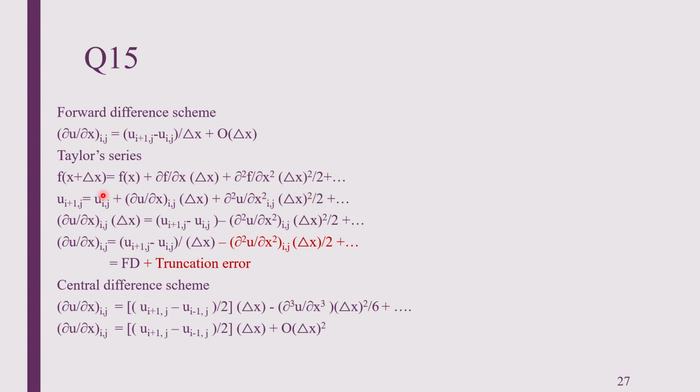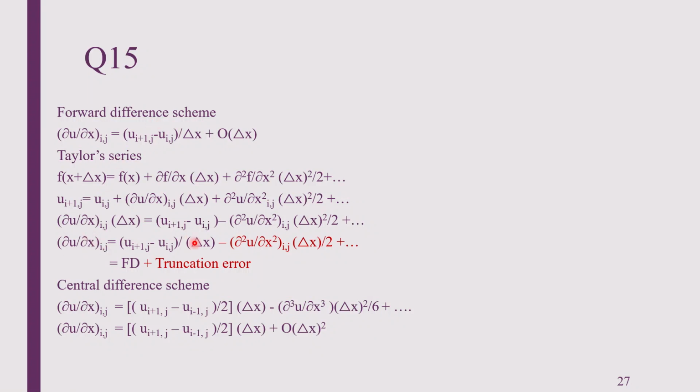We keep this particular term alone on the left hand side and take all other terms to the other side. So we have ∂u/∂x at (i, j) into delta x is equal to u(i+1, j) minus u(i, j) minus ∂²u/∂x² at (i, j) into delta x squared by 2. Then we divide the equation by delta x to get ∂u/∂x at (i, j).